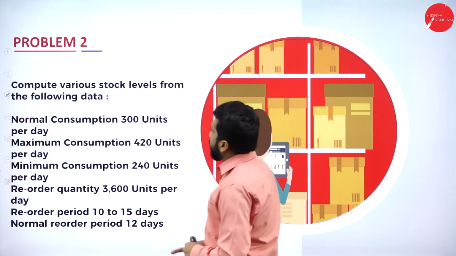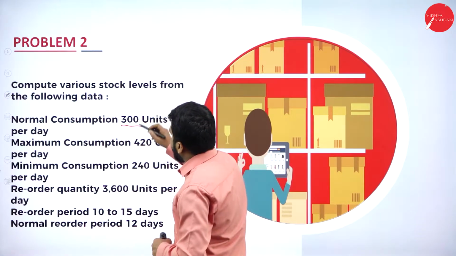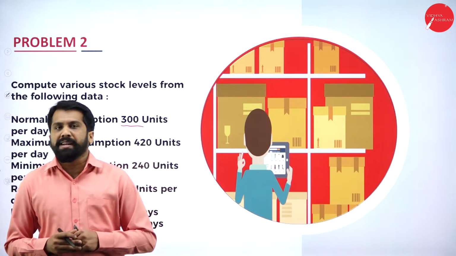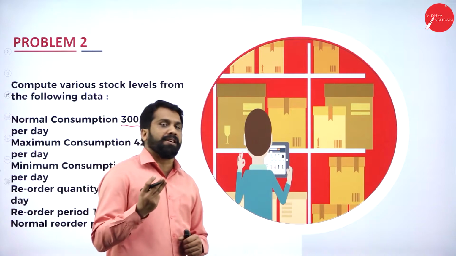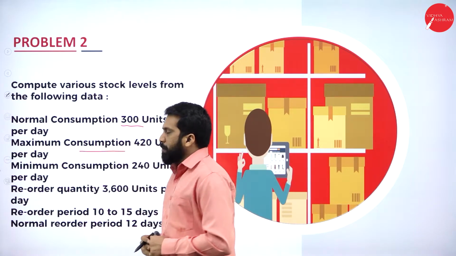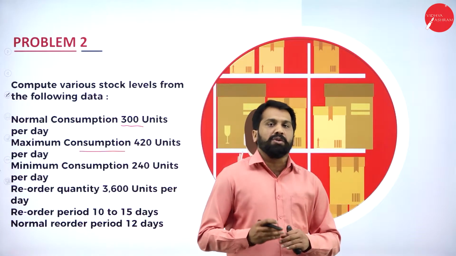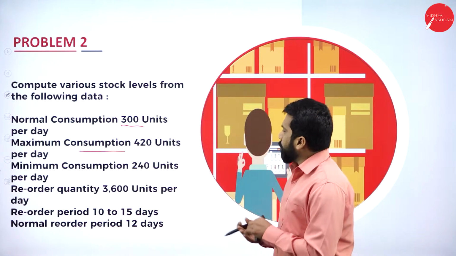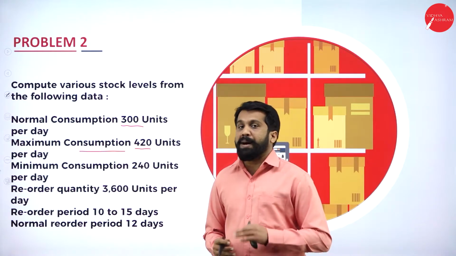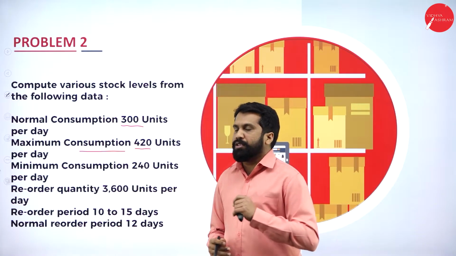Normal consumption, they have given 300 units per day. Normally, per day, they consume 300 units. Then maximum consumption, maybe due to festival or huge demand, the consumption will exceed up to 420. 420 will be the maximum consumption of units.